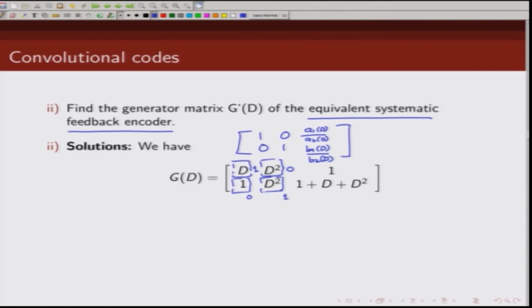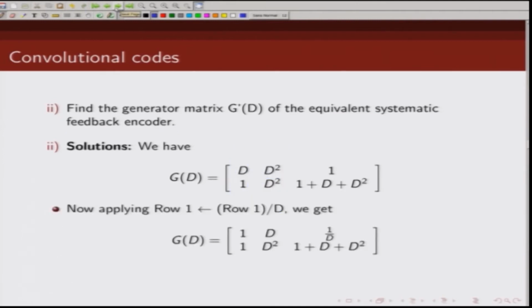Now, we will do elementary row operations to get an identity matrix here. So, let us do that. So, first thing that we do is we make this a 1. How do we make this a 1? We do this transformation, row 1 is row 1 by D. So, we divide this whole thing by D, what we get is 1, D, 1 by D. Next, we would like to get a 0 here.